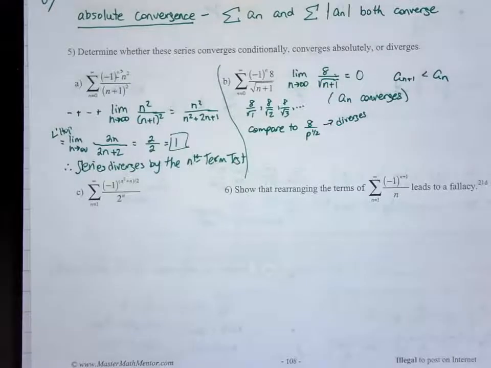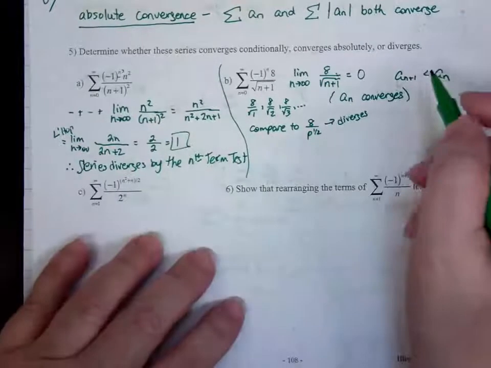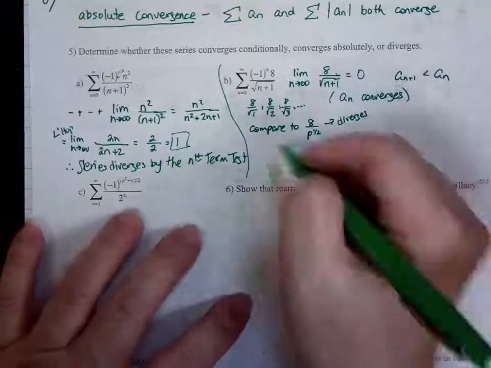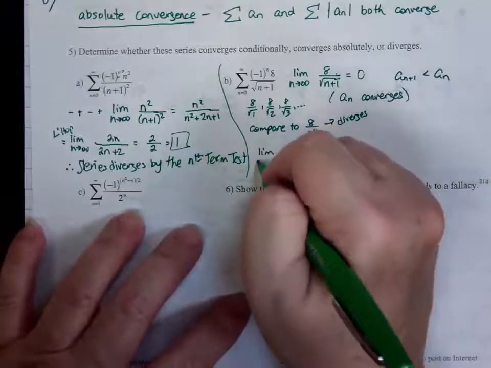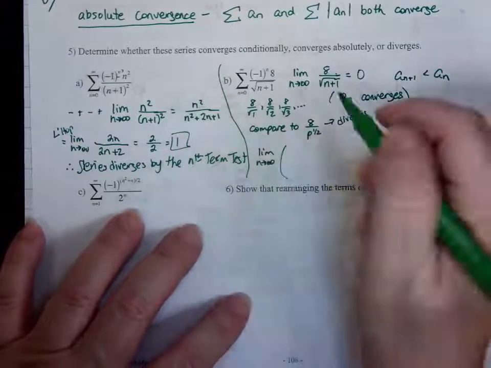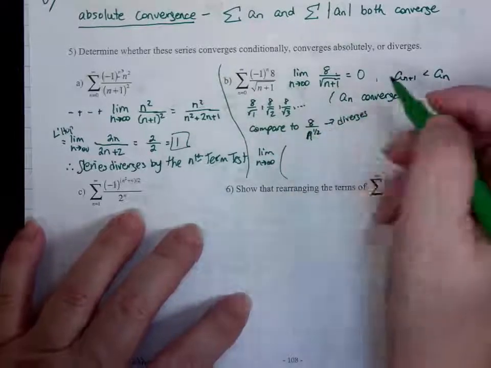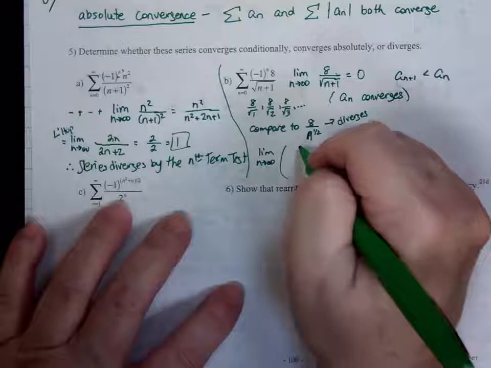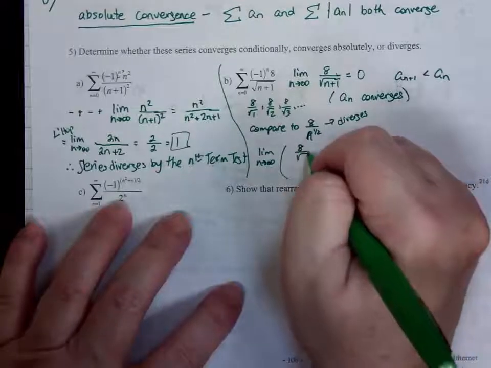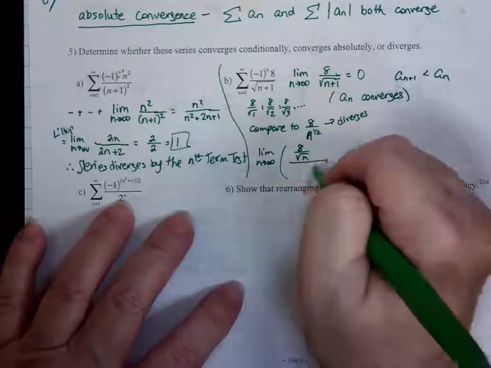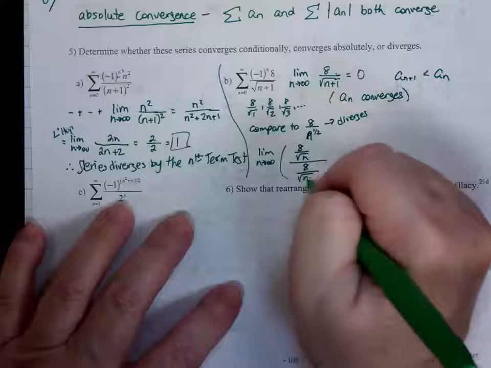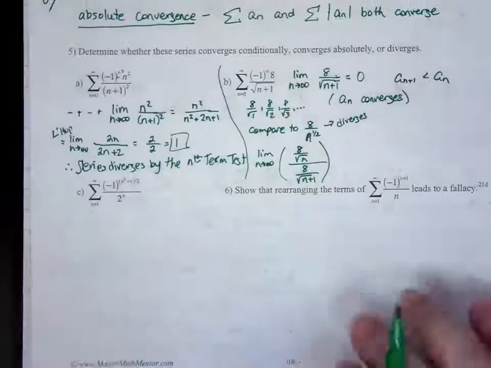So we're going to do the limit comparison because that was the nice and easy one last time. So the limit as n approaches infinity, remember to put the simpler one on top, or n, this should be n to the 1/2, I apologize. So we're going to have 8 over the square root of n, go ahead and change it back to that, and then 8 over the square root of n plus 1. Compare the two. Remember doing this yesterday? Those of you who were here?